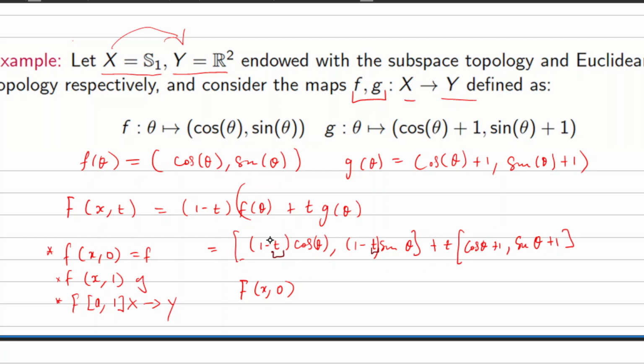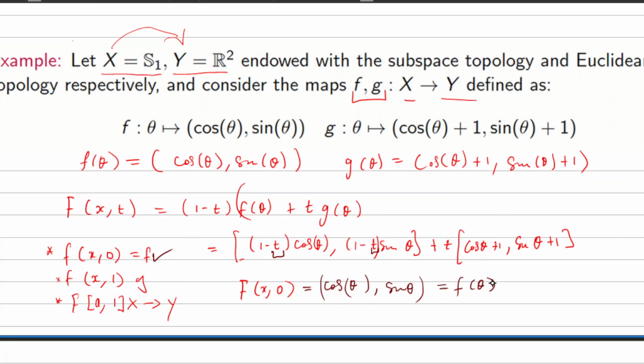So here we remain with 1 times cos theta, which is just cos theta, then comma, sine theta. And we clearly see that this is equal to f of theta. So condition 1 has been verified.